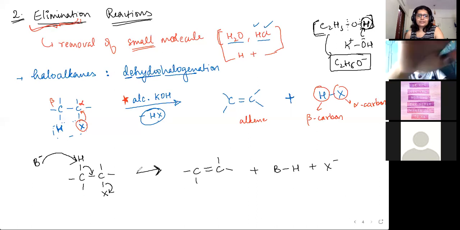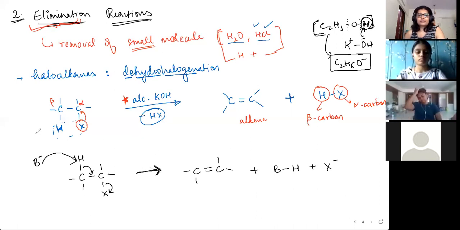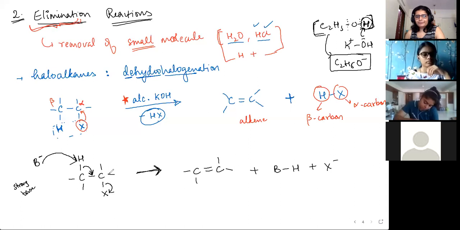But this is what is happening from the back end. The hydrogen on the beta carbon gets attacked by the strong base. B minus is a strong base. So H is taken out, these electrons migrate to this bond, and carbon is getting electron rich. So the leaving group takes the electrons.